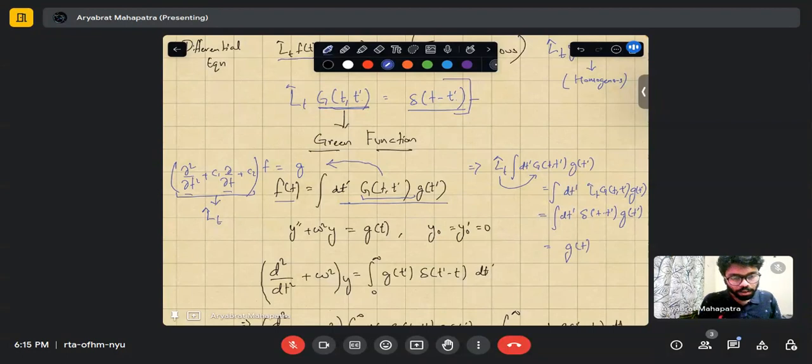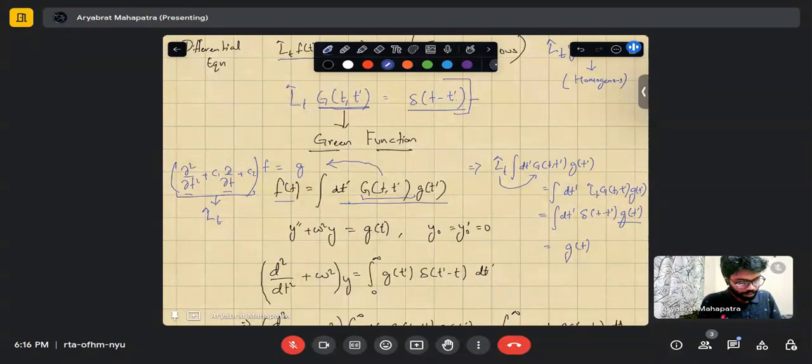You can check back your lectures on Dirac deltas, where when you have some function multiplied with a delta function and it is integrated in this way, then the integral value basically just captures the non-integrated variable instead of your dummy variable inside this function.